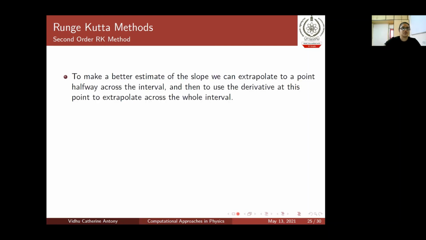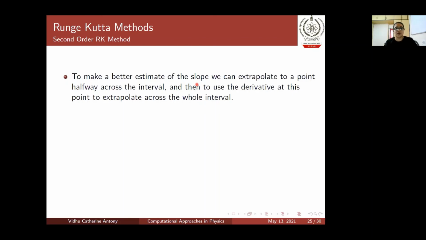So let's look at the Runge Kutta method. Now, the second order Runge Kutta method. What do we do here? We divide the interval into 2 so that you get a better estimate of the slope. Like we said, as you make the interval smaller, you get a better estimate.